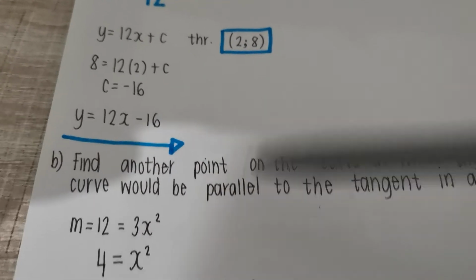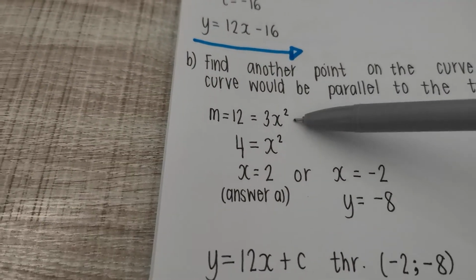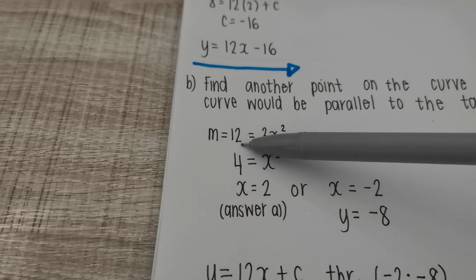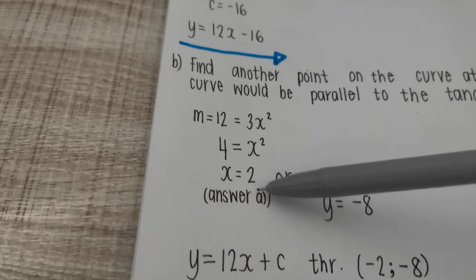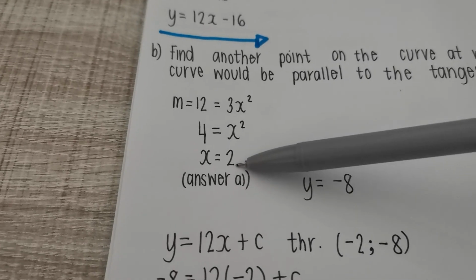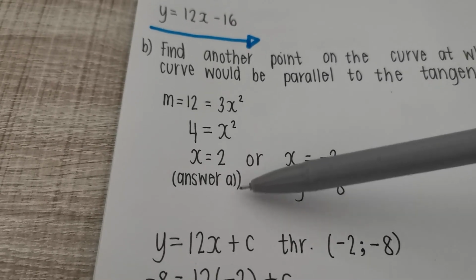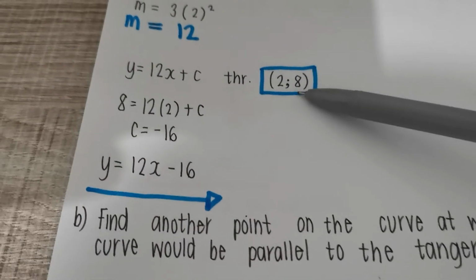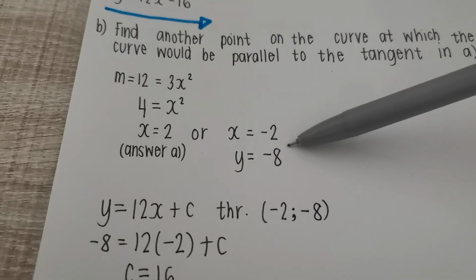So I took the derivative, there it is, and I equated it this time to what this gradient was, 12, solved for x, and I get that my answer is x equals 2 and x equals -2. Now this one over here was actually our answer that we just calculated in A with (2, 8). So I don't need to do this one again. I'm doing the other one.